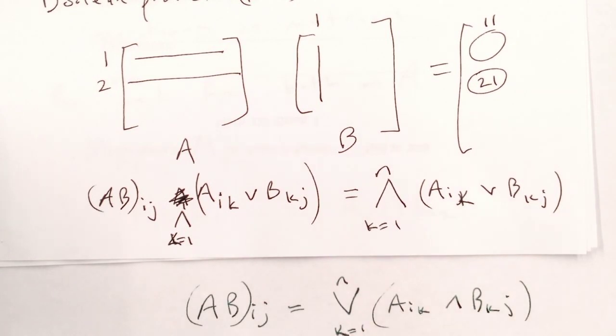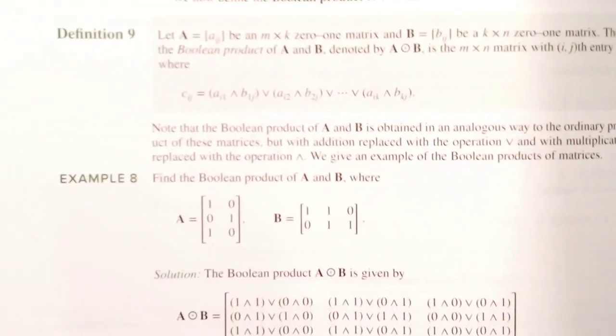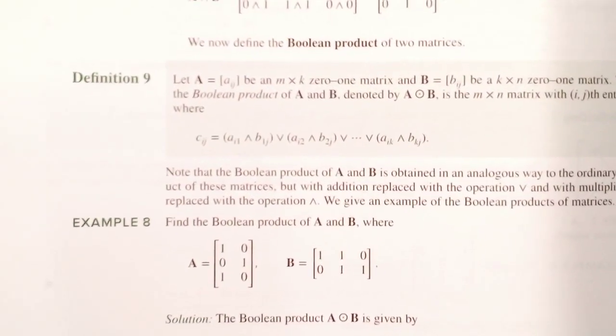That definition appears on page 192. I apologize. I wrote the ands and the ors backwards. I said it one way correctly. I said it the other way incorrectly. This is the correct version. Definition 9, page 192.